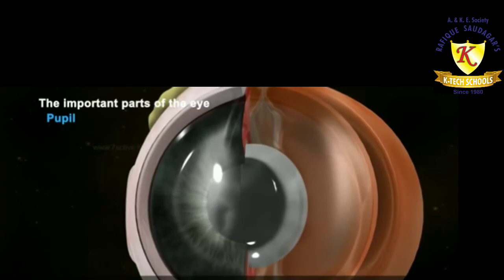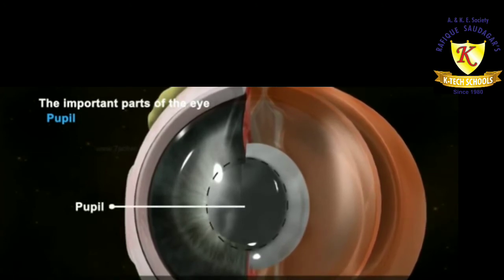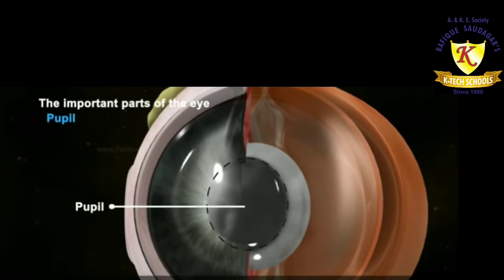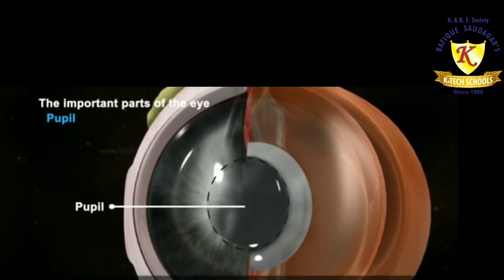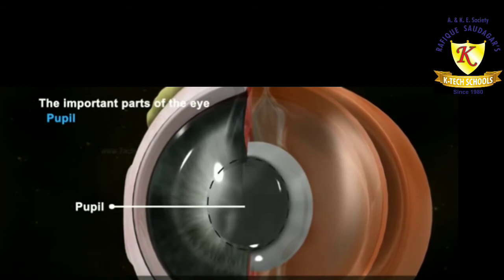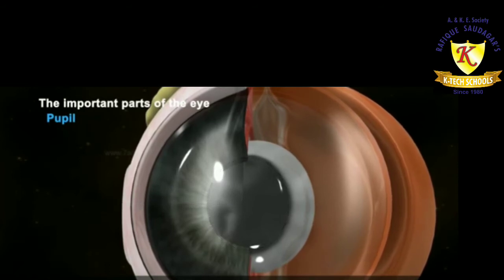Pupil. The pupil is the small circular opening of the iris. The pupil appears black because no light is reflected from it. The dark center in the middle of the iris. The pupil determines how much light is let into the eye.